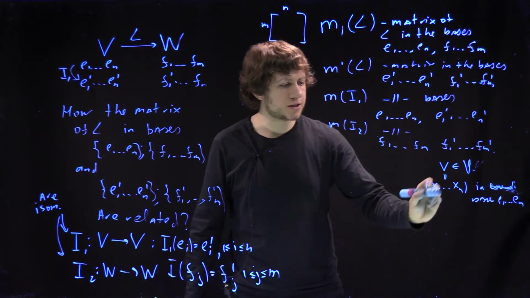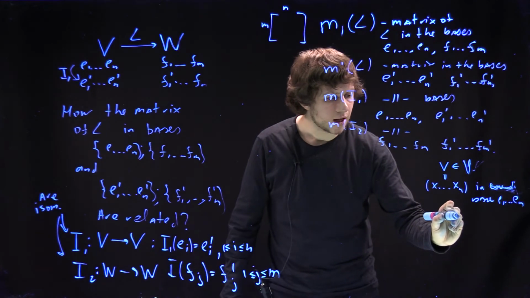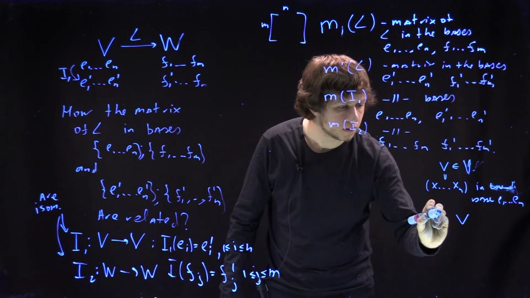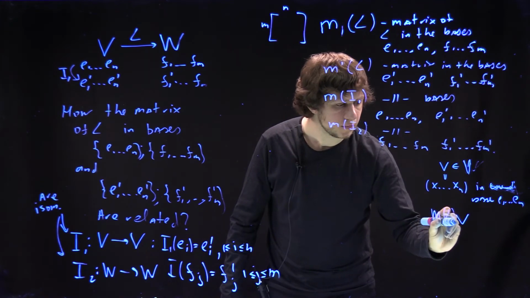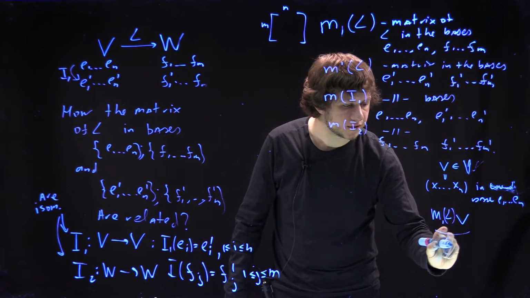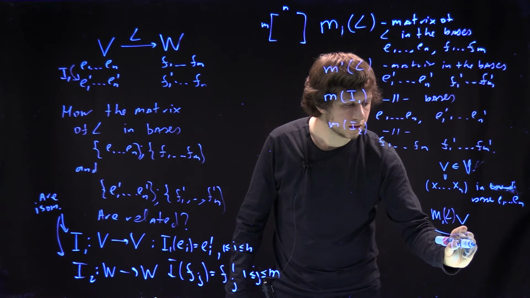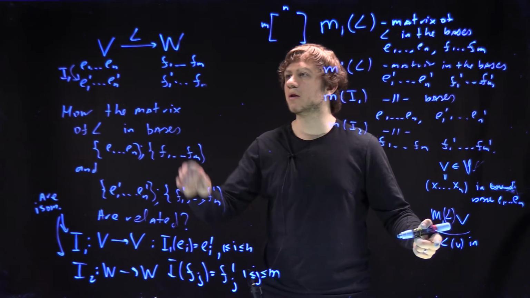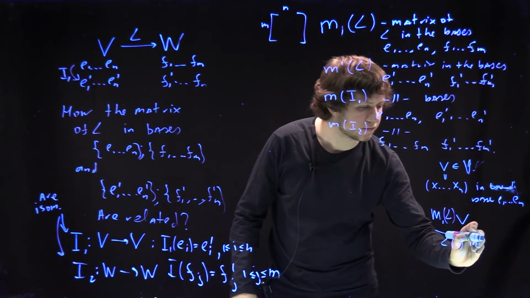Then we can take this vector v and multiply it on the matrix M of L. And this is just the vector L of v in coordinates f1 up to fm.